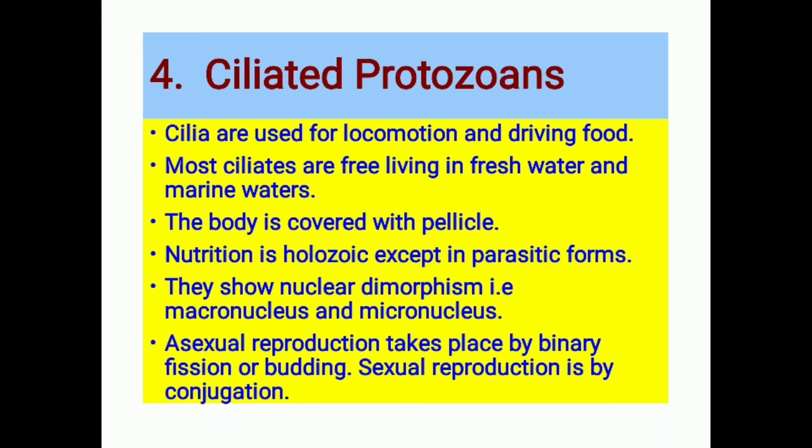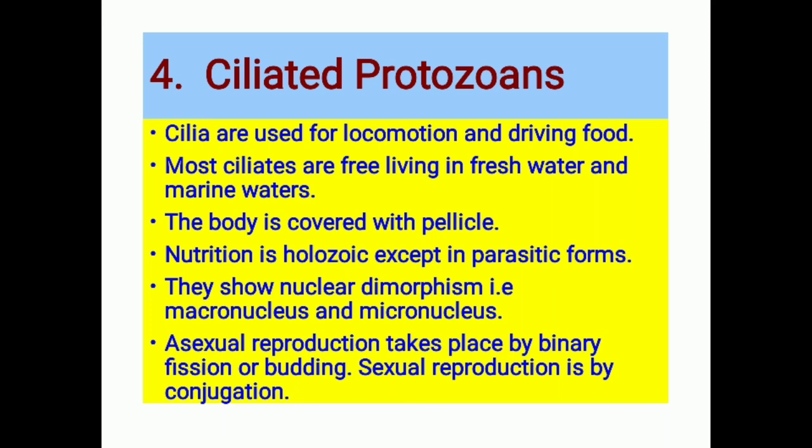Now this is a very important diagnostic feature of ciliated protozoans, where they possess two types of nucleus. One is the bigger one, which is called the macronucleus, and the other one is the smaller one, the micronucleus. Generally, the micronucleus carries the genetic material as DNA.